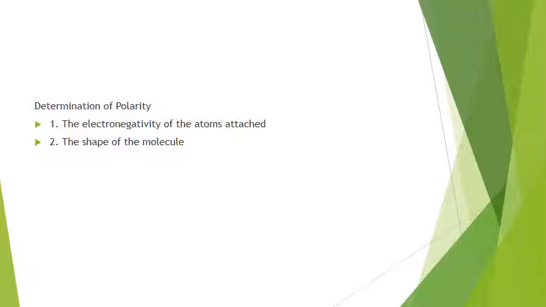Okay, so put this together. The polarity of a molecule is determined by two things: the electronegativity of the atoms attached and the shape of the molecule. So the first example we had, BeH2 and BeHF.